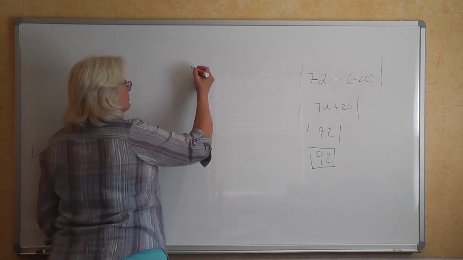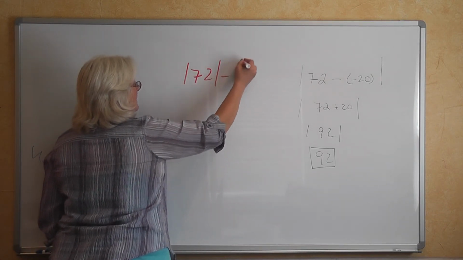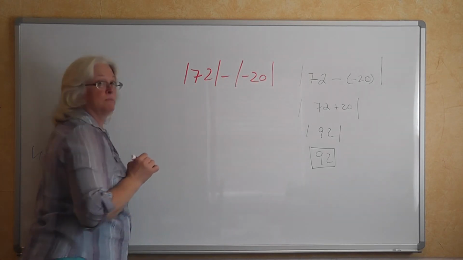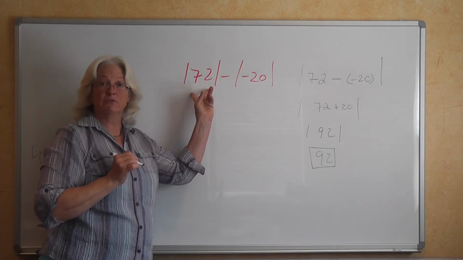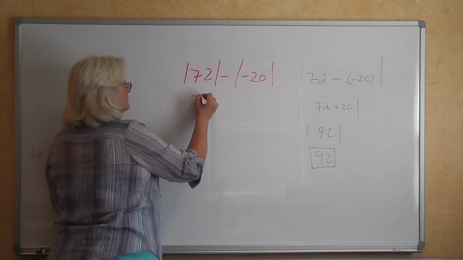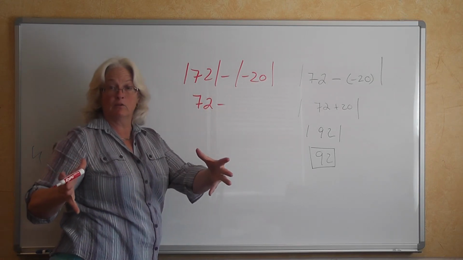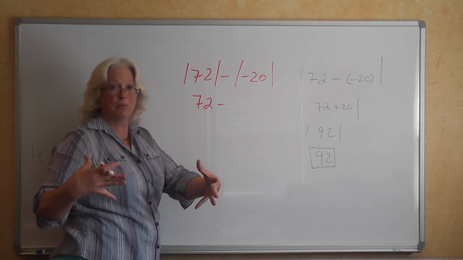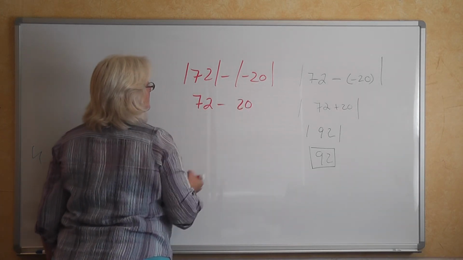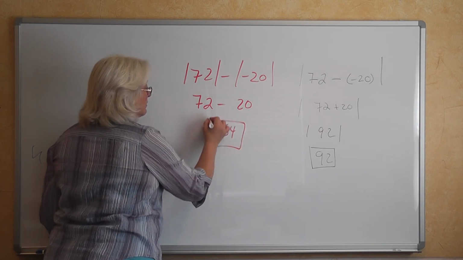I want to split it apart over here and say, what if we have the absolute value of 72 minus the absolute value of a negative 20? Absolute value of 72, distance from 0 on the number line, is 72. What's the distance from 0 on the number line of negative 20? It's 20 units. 72 minus 20 gives us 54.